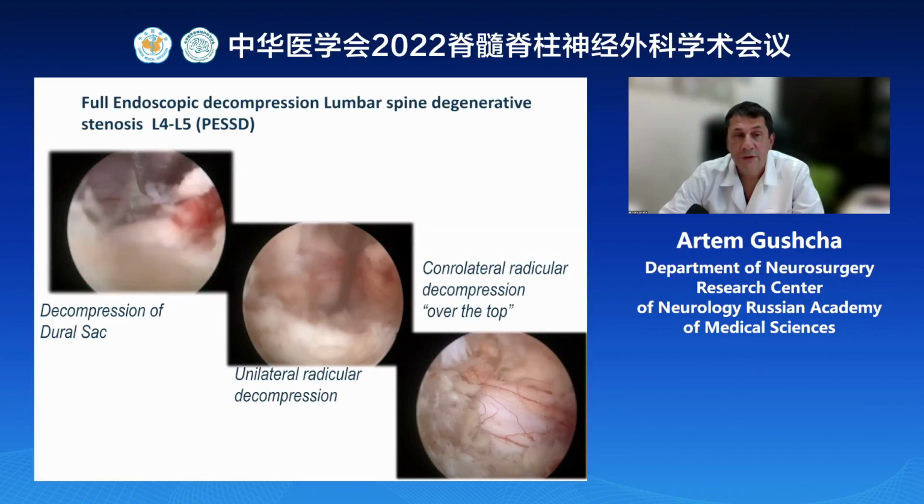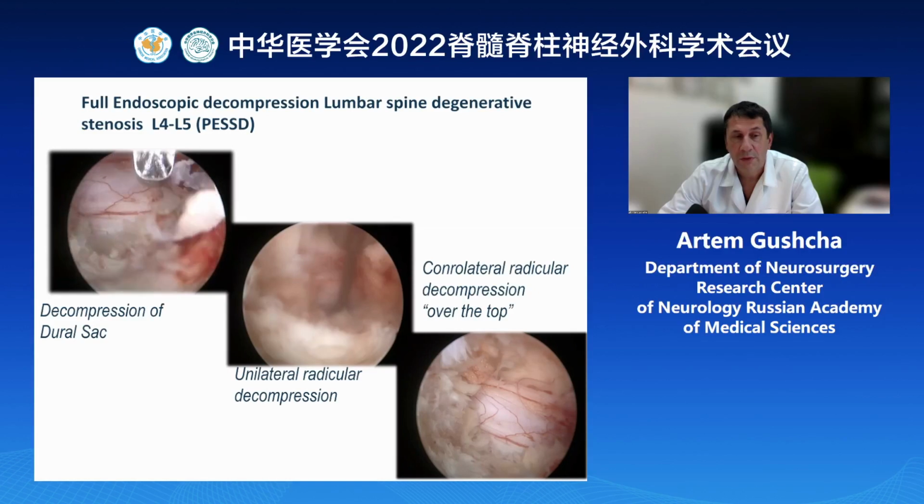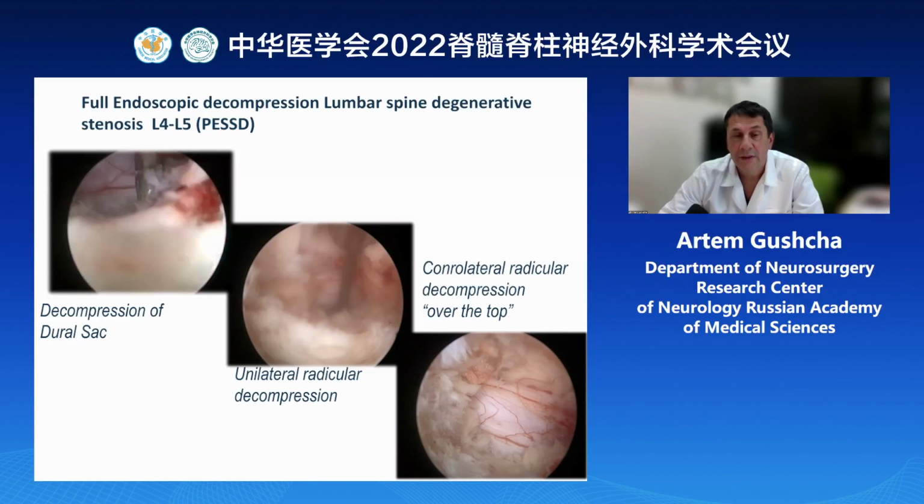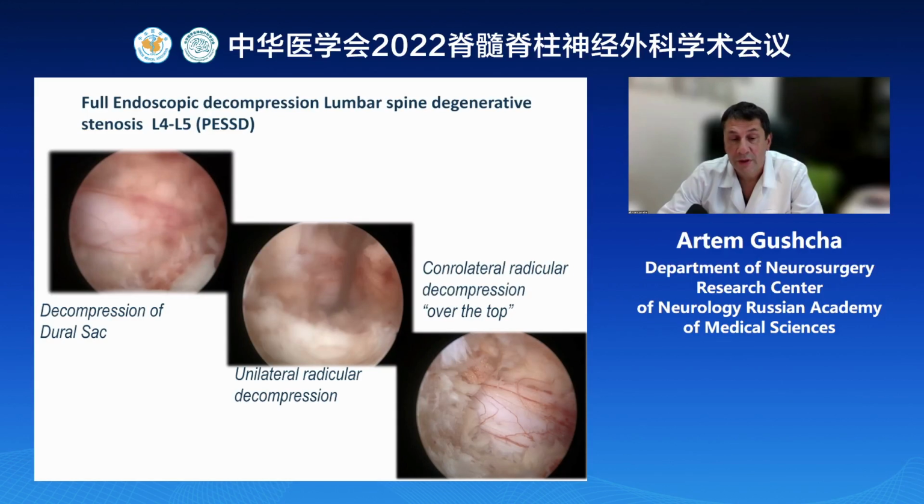Of course, some partial resection of the medial border of facets is necessary in this way, but you can easily see the root because you can palpate it, and because of the pressure of the irrigation water, you can always see the border between the neurostructure and the bony or ligament structure.